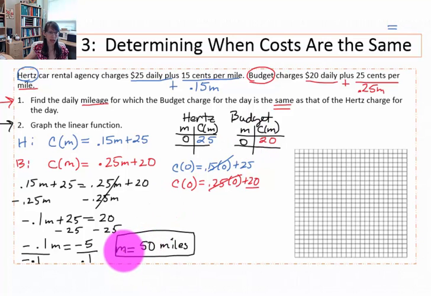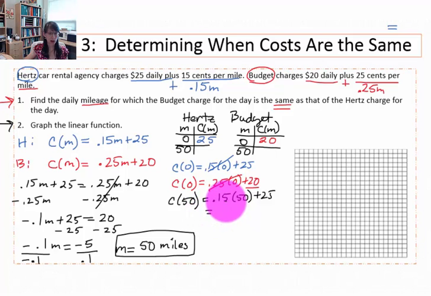Now looking back to M equals 50 miles, that is supposed to represent at 50 miles the cost is the same, but we don't know what that cost is. We could find out by using 50 as the input value for both of these functions. So I'm going to substitute 50 back over here in the table and make that calculation now. So C of 50 for Hertz, that represents 0.15 times 50, add 25.